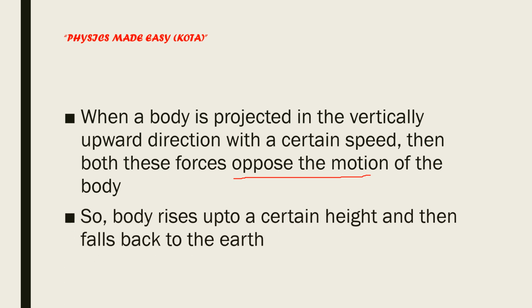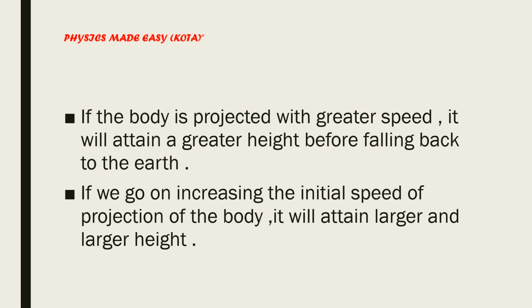The body rises up to a certain height, then falls back to the earth due to these forces. The two opposing forces, that is the gravitational pull of earth and resistance due to air, decrease with increase in distance from the center of earth.